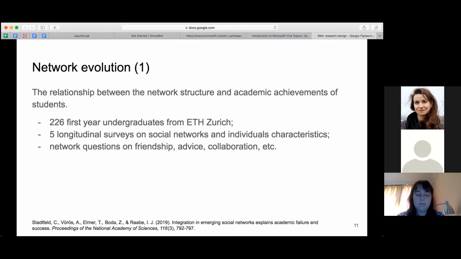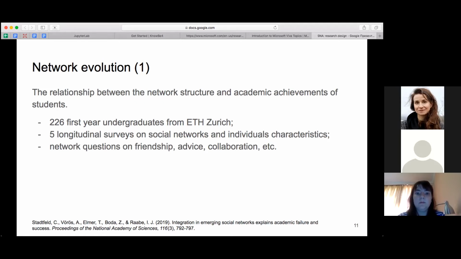As far as I remember, they also asked students to nominate individuals with whom they have difficulties in relationships. So overall, they have 5 sets of networks that were completed in these periods.